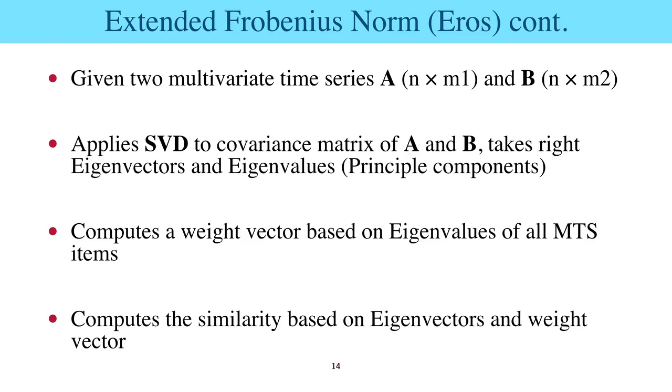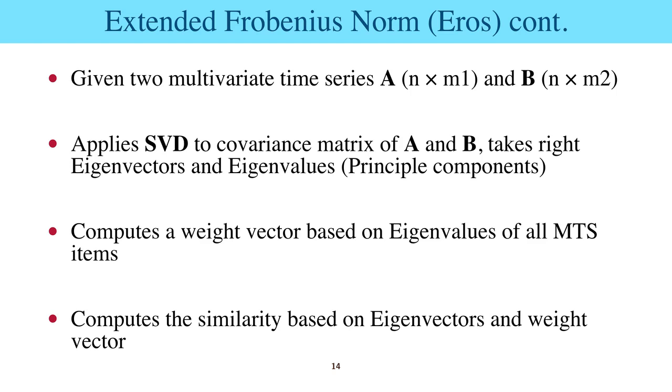So the way that J-Eros computes the similarity between two multivariate time series A and B is that it first computes the covariance matrices of A and B, applies singular value decomposition to the covariance matrices, and takes the right eigenvectors and eigenvalues. Since singular value decomposition is applied to the covariance matrix, the right eigenvectors are the principal components of the data.